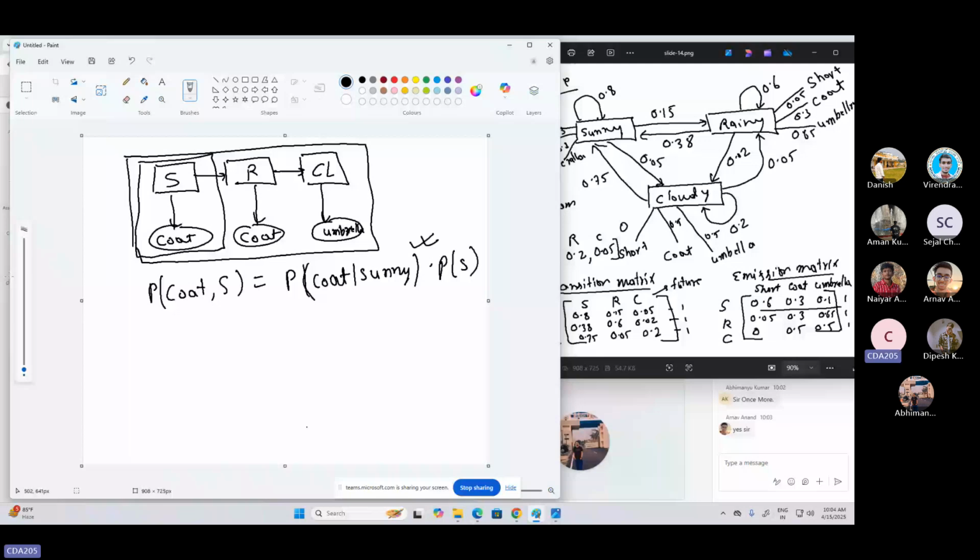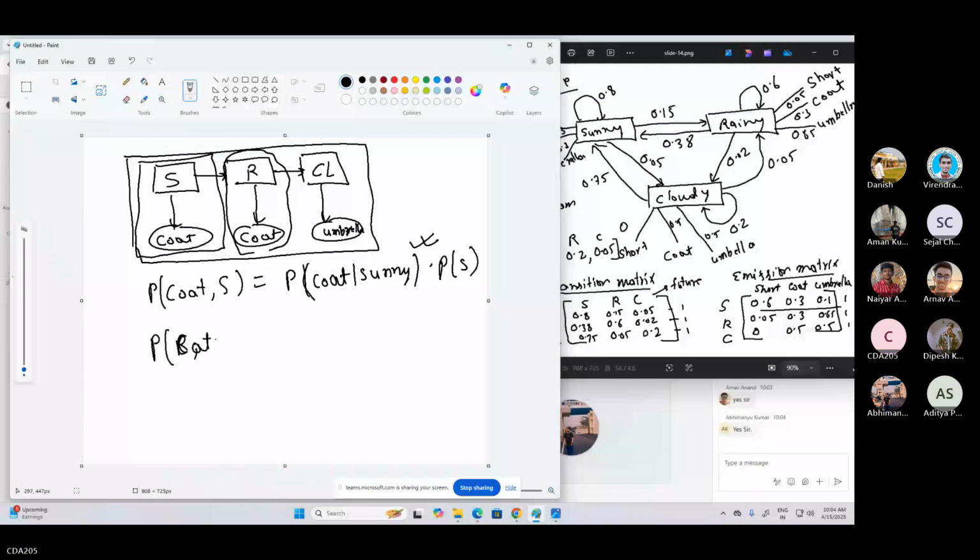Same way for this one. What is this one? P of coat comma rainy.